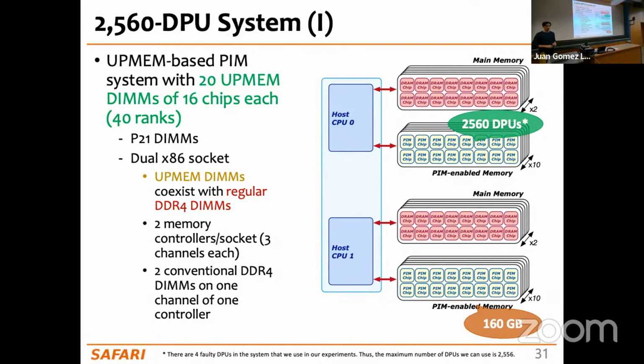And why am I saying this? Because in the experiments, in the results that I'm going to show you next, what we are measuring is the time needed and the bandwidth that you can achieve when moving data from here to here and from here to here. So depending on how many memory channels you use here and how many memory channels you use here, the time for the total amount of data that you transfer might change, right?